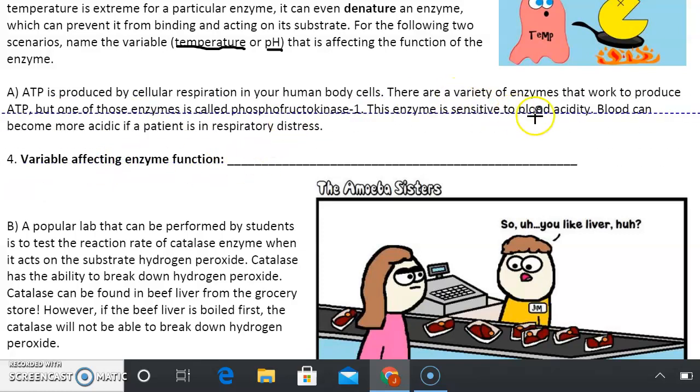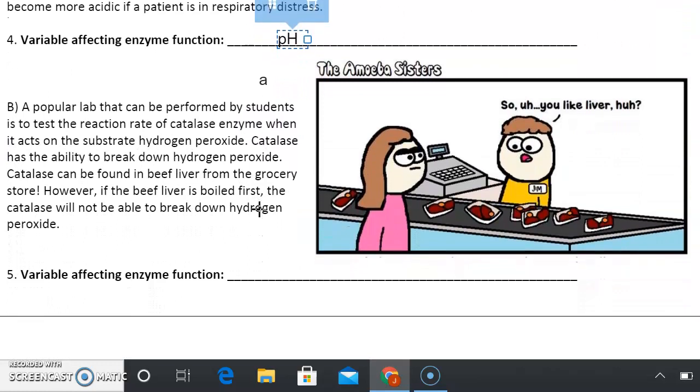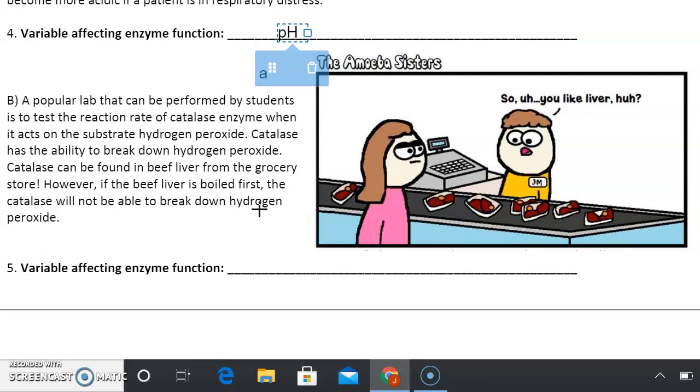So it said acidity right here, and it said more acidic right there. So if we're talking about acids and bases, we're talking about pH levels. So that would be pH that's changed here. That would be a pH that is inhibiting that enzyme from working. So pH would be the answer there.